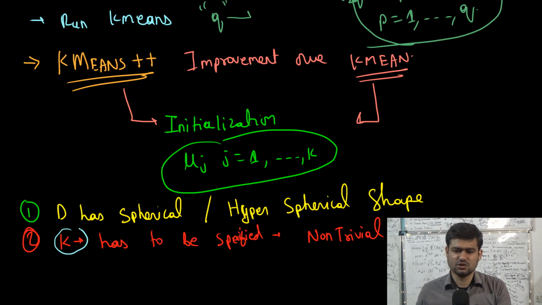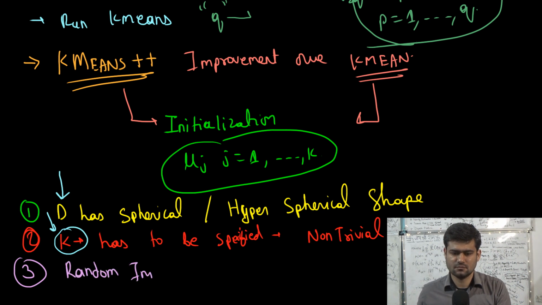So the k-means++ algorithm shares the same problems number 1 and 2 as the k-means algorithm, but the third problem, which is the random initialization, is resolved to some degree in the k-means++ algorithm.